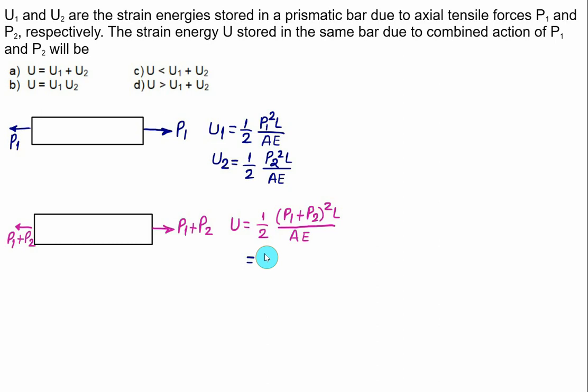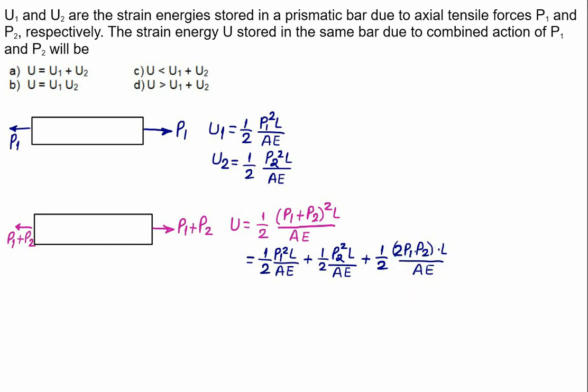So we have 1 by 2 into P1 square multiplied by L divided by AE, which is nothing but U1, plus 1 by 2 into P2 square multiplied by L divided by AE, which is U2, plus an additional term, 1 by 2 times 2 P1 into P2 multiplied by L divided by AE.